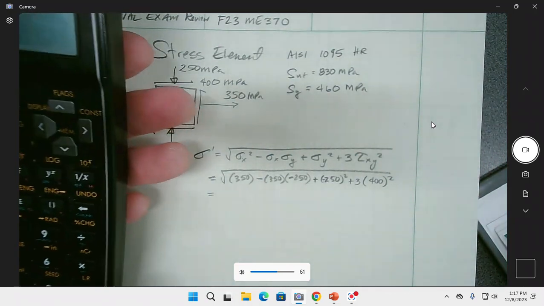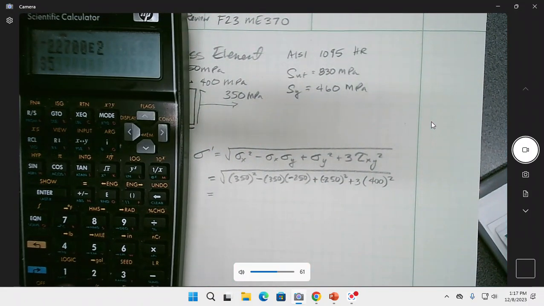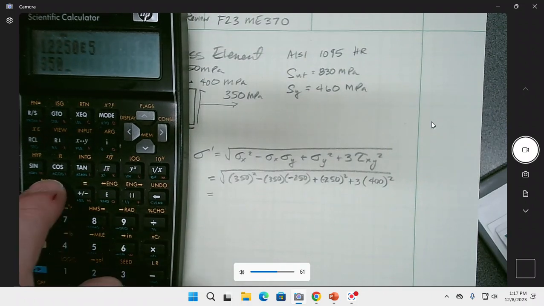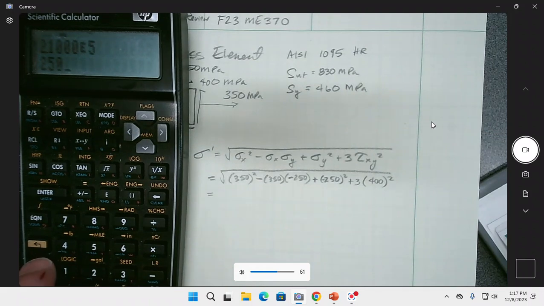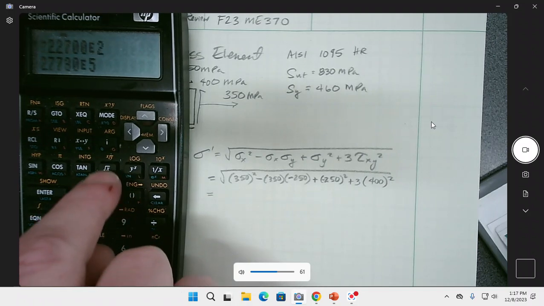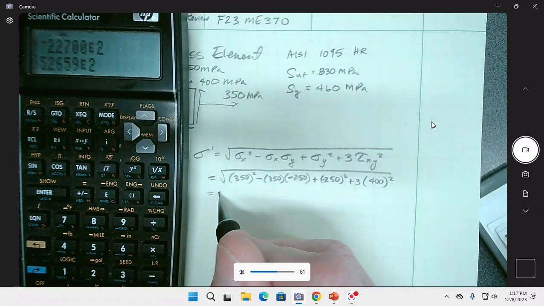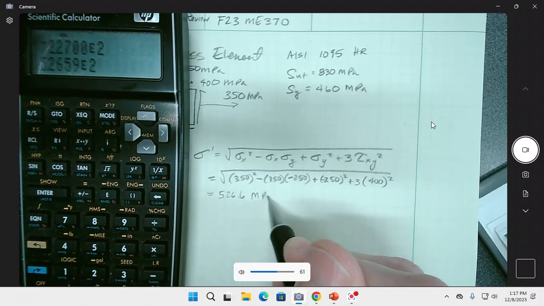And this is a calculator challenge. Oh, that should have been a square, I left out a square right there, sorry. 350 squared, 350 times 250. Boom. But now, because it's minus minus, we're actually going to add them together. Then 250 squared, add them. 400 squared, but times 3, and then add them, and then take the square root. And I got 526.6 megapascals.